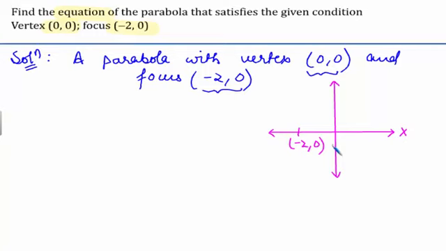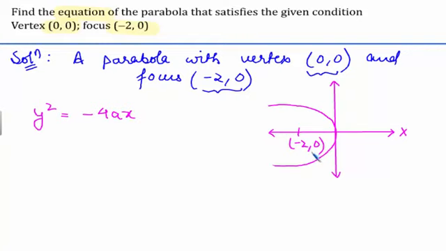Suppose this is the parabola. Then the standard form of the equation of a parabola whose axis of symmetry is the x-axis is y square is equal to -4ax, since we are given that the focus has coordinates (-2, 0).